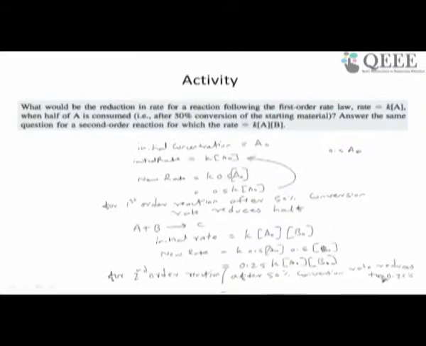See the difference in the rate for a first order and the second order reaction. If it's a second order reaction, the rate reduces drastically after 50% conversion. So these are some of the points that you should notice while solving problems.